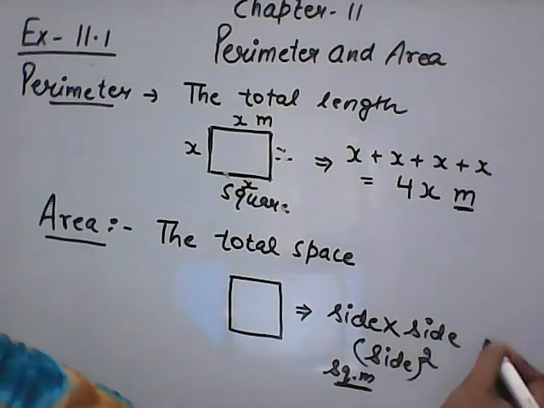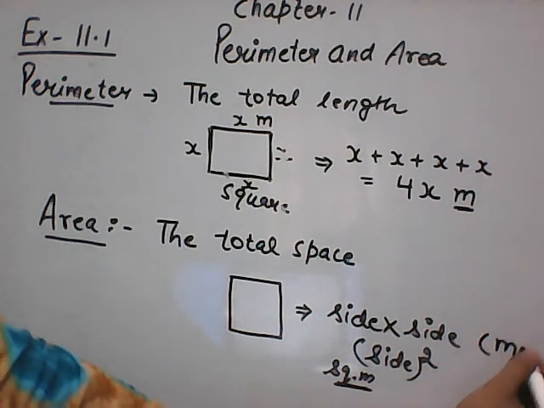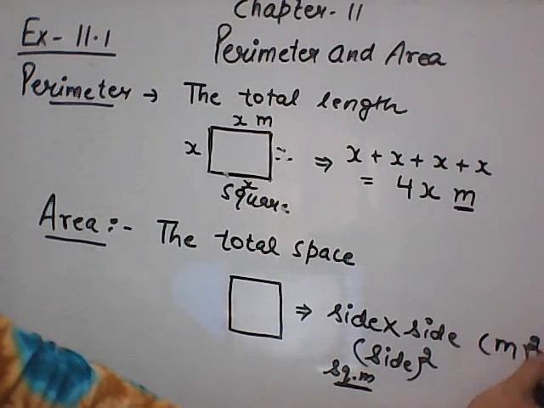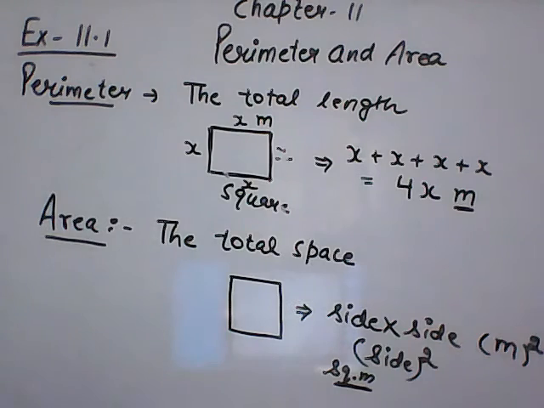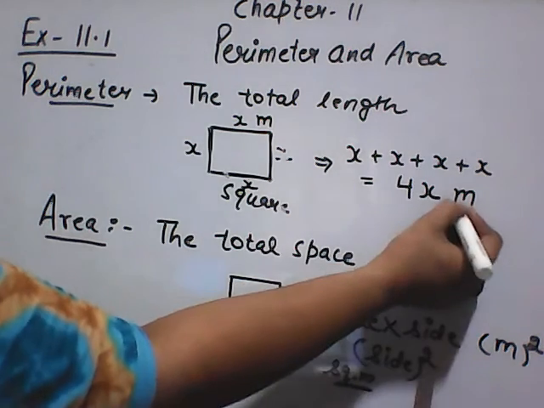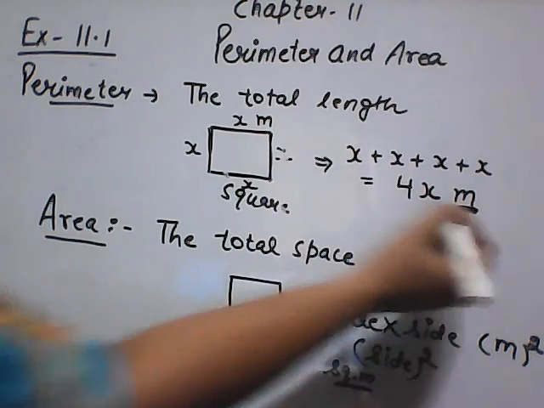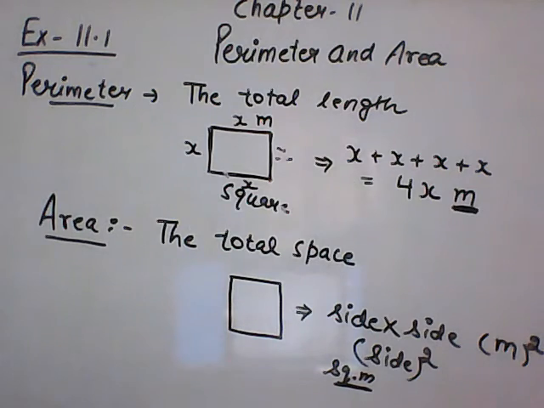Or you can write it this way, meter square. If the side is given in terms of meter, then area will be side multiplied by side, meter square. You have to write the unit of each term. Perimeter unit is meter and unit of area is meter square.